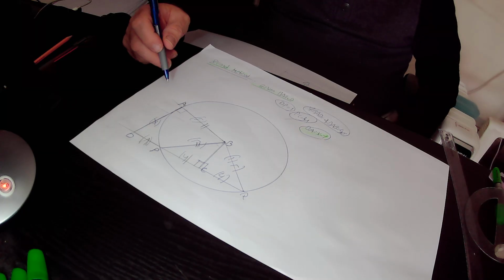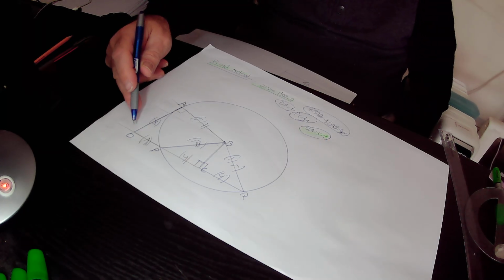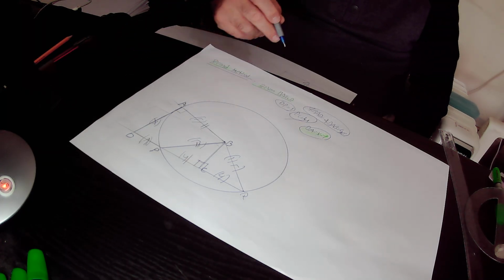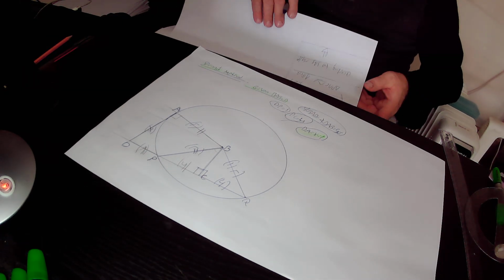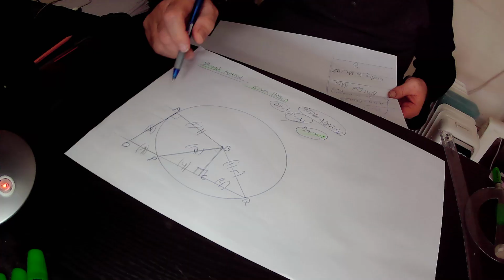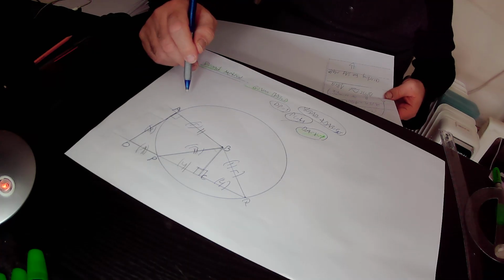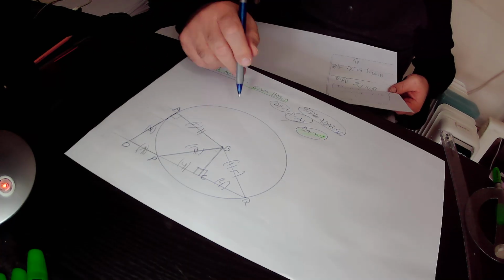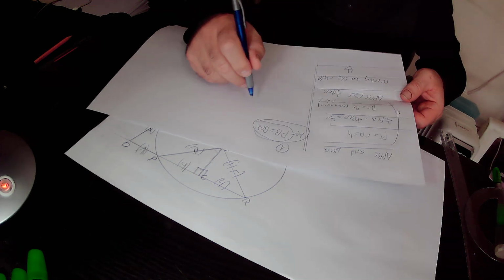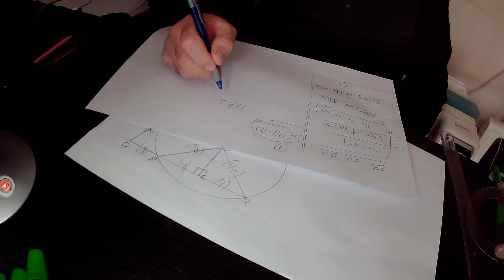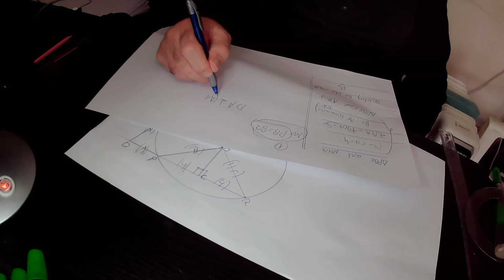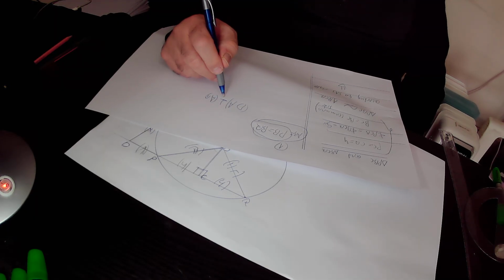We know that according to what is given, DA is perpendicular to AB. Why? Because angle DAB is a right angle, and therefore DA is perpendicular to AB. This is the sign of perpendicular.